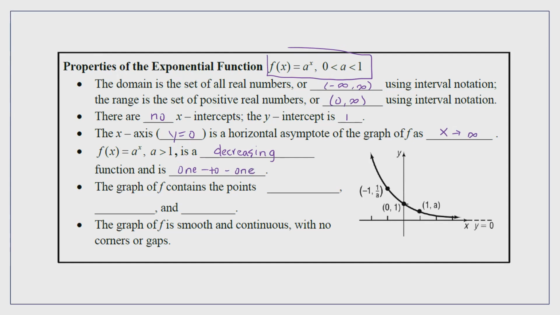The graph of f contains the points -1, 1 over a, 0, 1, and 1, a. The graph of f is smooth and continuous with no corners or gaps. Okay.